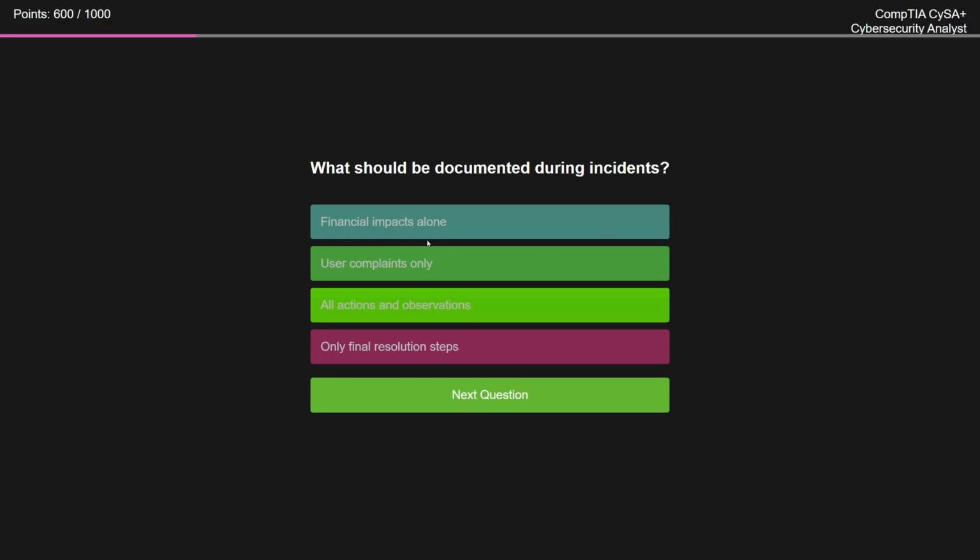You don't want to just document the bare minimum. A good analyst will document everything, right? Because the next person that looks at the documentation is not going to know what you're talking about, so you want good documentation that people can read and understand, right?